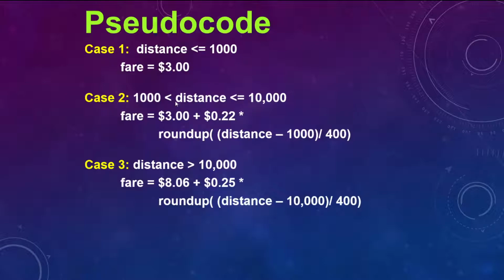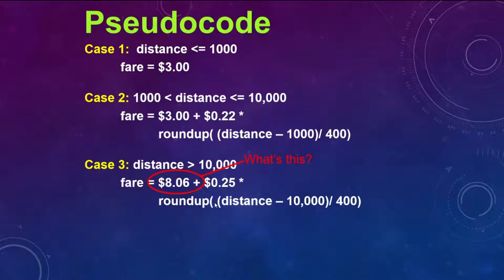Case 2, because distance is between 1,000 to 10,000 meters, I will take the $3 for the first 1,000 meters, then I take 0.22 multiplied by this value here, distance minus 1,000, divided by 400, rounded up. Then for the next one here, I take 8.06. How do I get 8.06 over here?